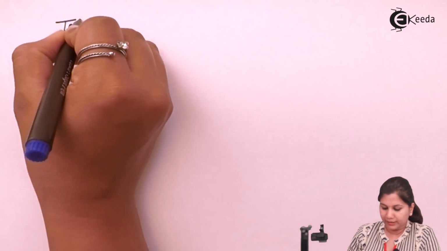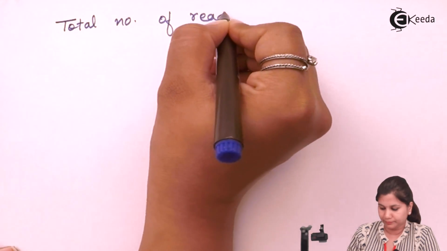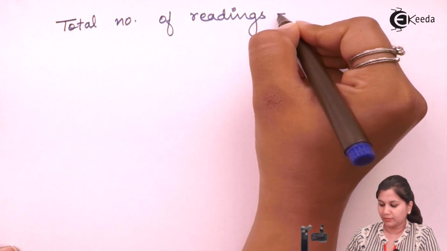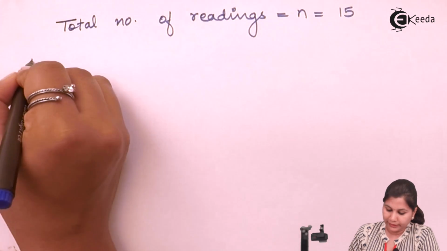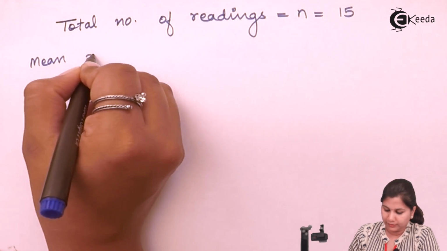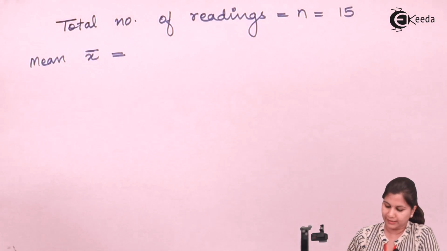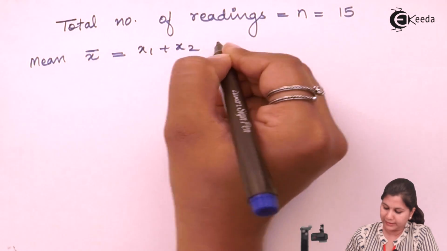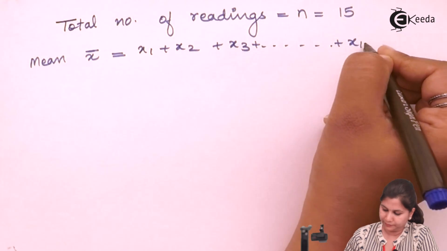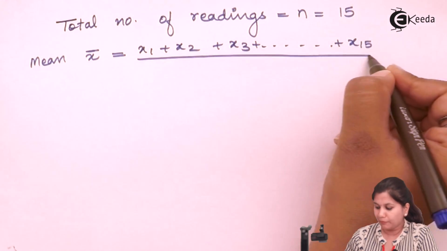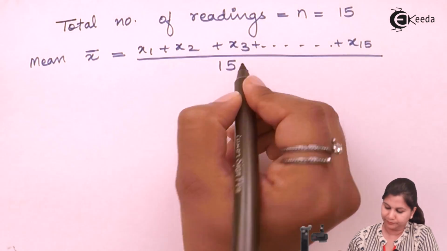Now the total number of readings is n, which is equal to 15. To calculate the mean, that is x bar, we have to take the sum of all these 15 readings, x1 plus x2 plus x3 till x15, and divide the sum by the total number of readings, that is 15.